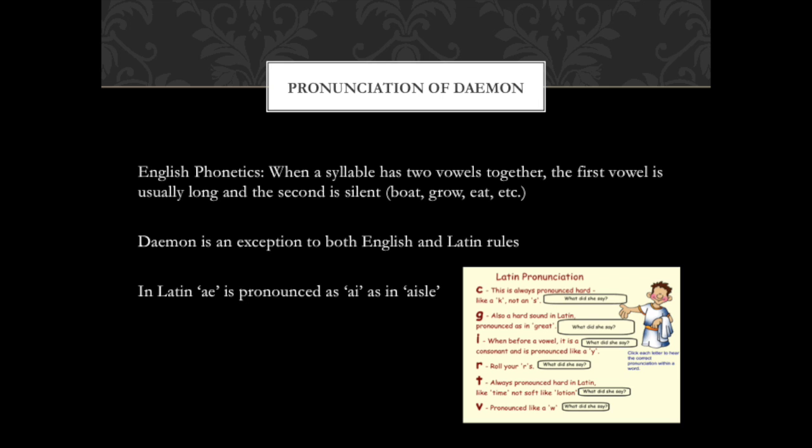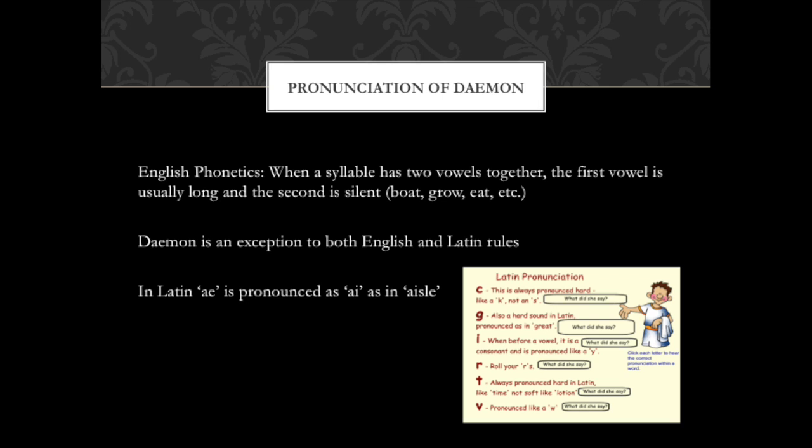Or rather, it's absent. So, for example, in words like pain or eat or boat, you pronounce the very first vowel and not the second. But in English, daemon, spelled D-A-E, ignores that, and it should always be pronounced as demon, without really exception.